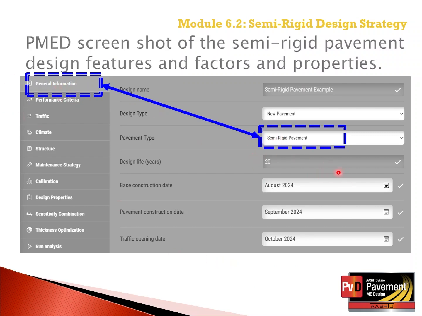These are the semi-rigid pavement design features and factors needed for designing a semi-rigid pavement in accordance with the Pavement ME design software. So we will now open the software to show where the semi-rigid pavement design features, variables and properties are located.